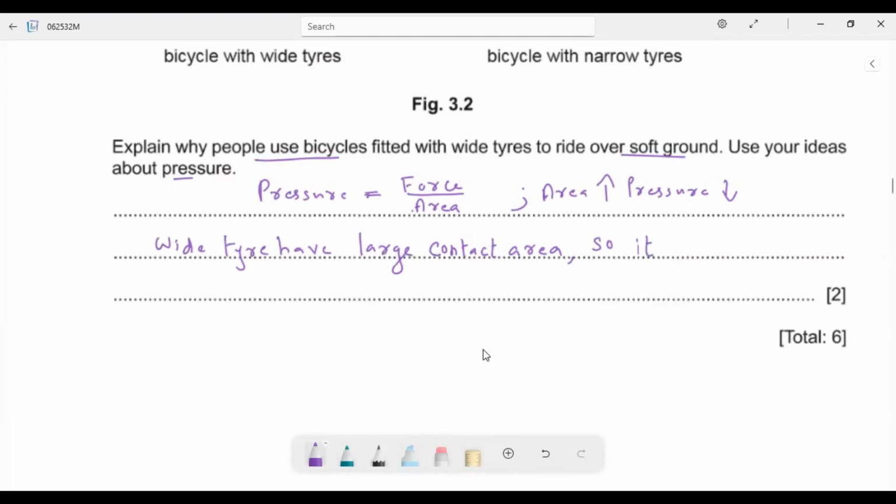So it applies less pressure. The pressure applied will be less in the case of wide tires. And as the pressure on the ground is less, it is less likely to sink in soft ground.